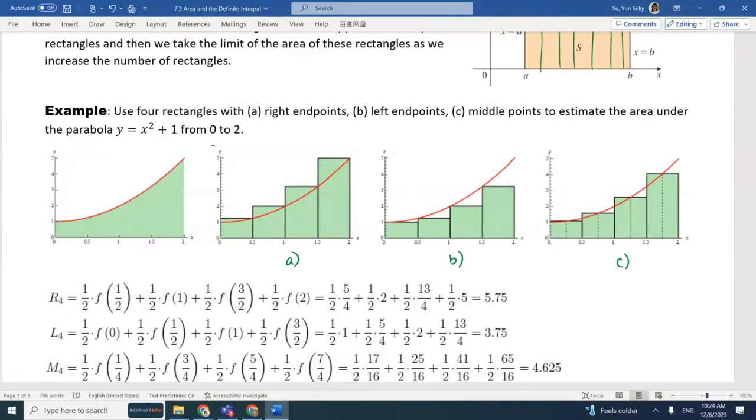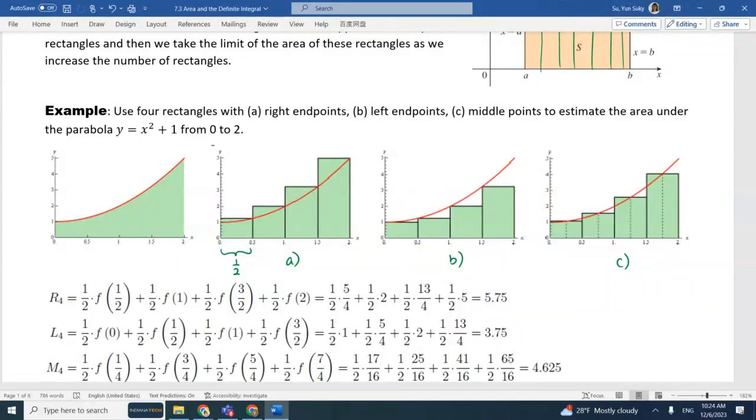Okay, so let's find the area. This is 2, this is 1, and this is 0.5. So what is the width of each rectangle? 1/2. Yes, and all the widths are the same, right? We cut the area into equal-width rectangles.